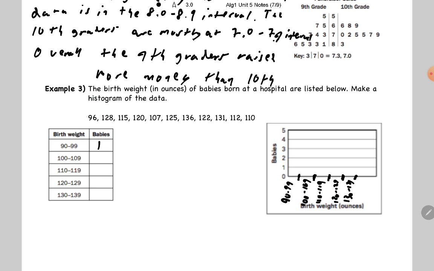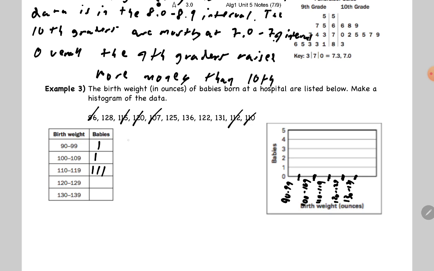So 96 is done. 100 to 109, there is 107. So that's one. 110 to 119, we have 110, 112, and 115. So 1, 2, 3. Okay, and then 120.